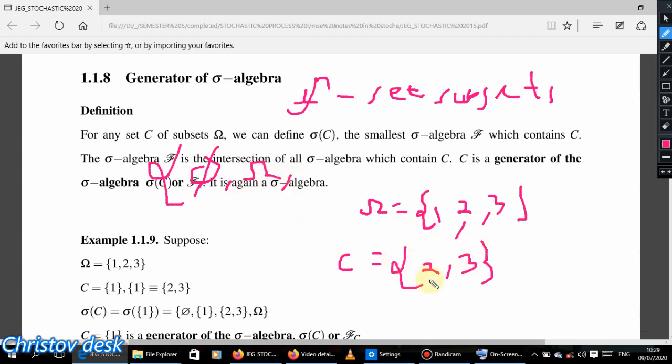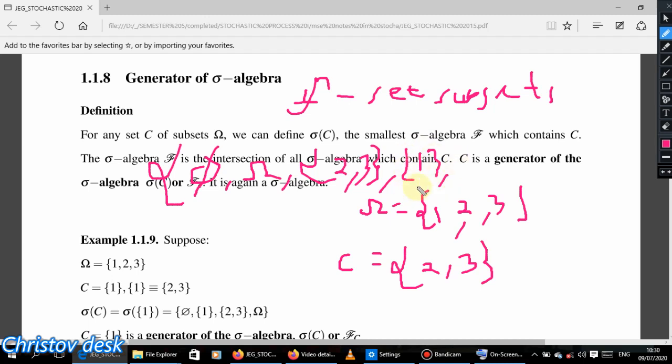Now the set which is generating the sigma algebra must be there, so we should have {2, 3} also. Per the rules, the complement must also be in the set. The complement of this is {1}, so the set containing 1 must also be in the set.